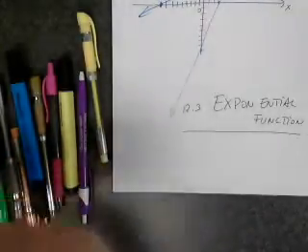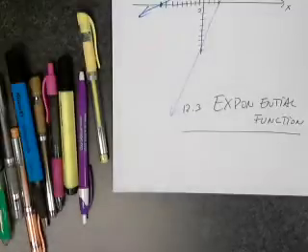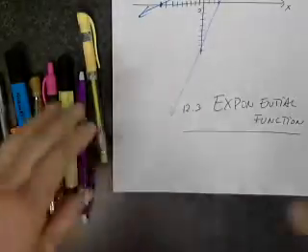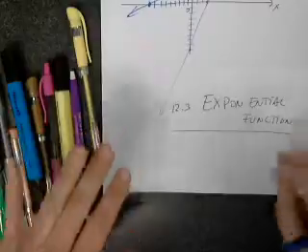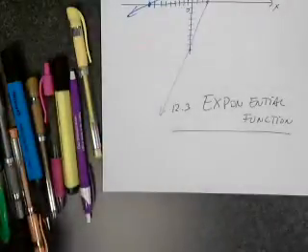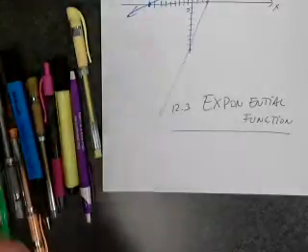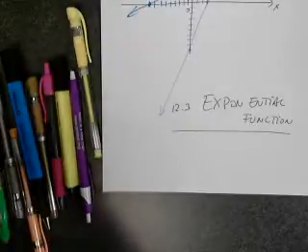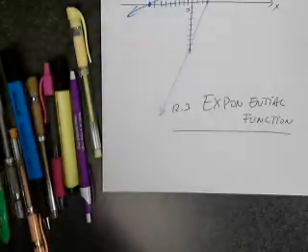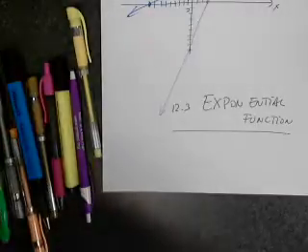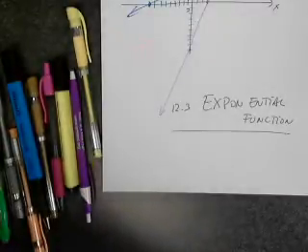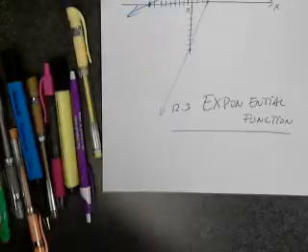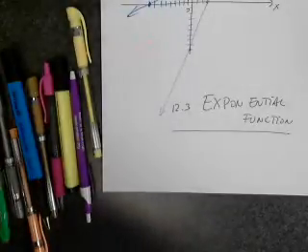Let me ask you a question. When we looked at the absolute value function, why do you think that function is called the absolute value? Because it has an absolute value in it.